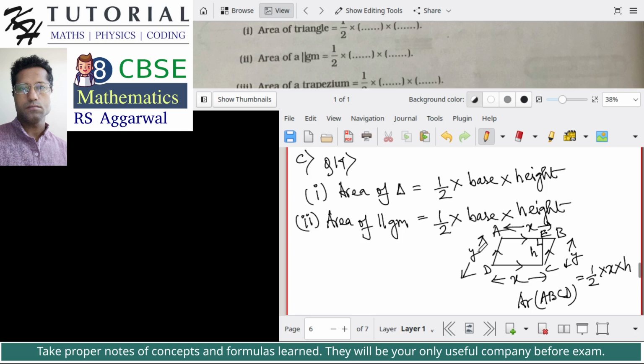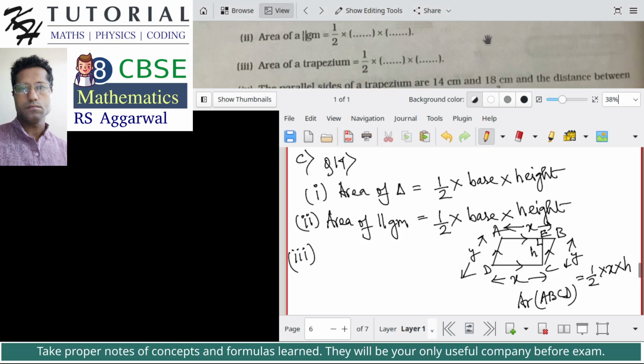So in either way, the formula is half into base into height, where height is the distance between the parallel sides, which is considered as the base. I will do all the fill in the blanks and then I will check the answer.